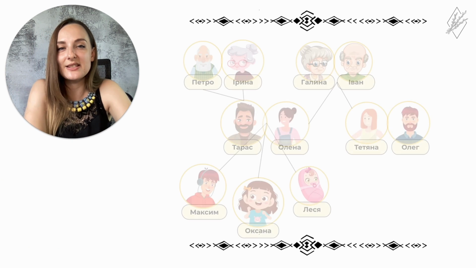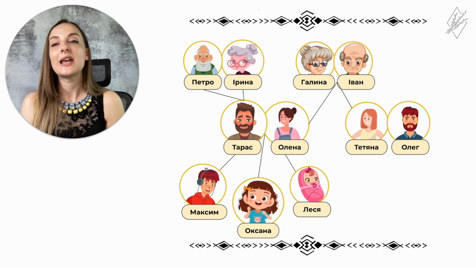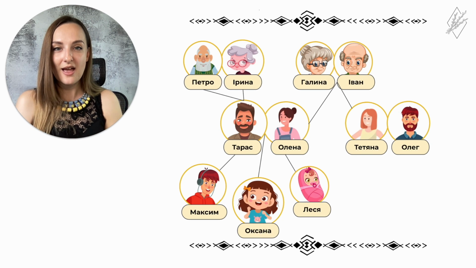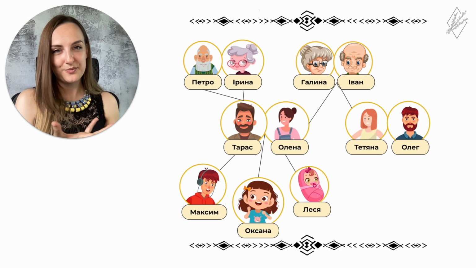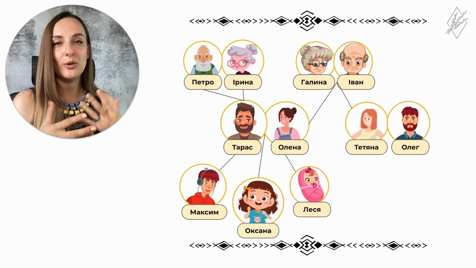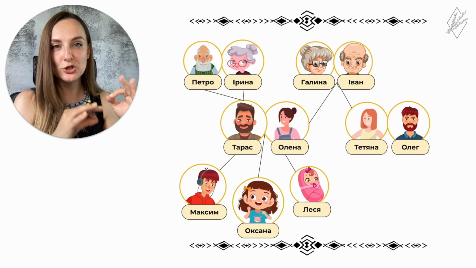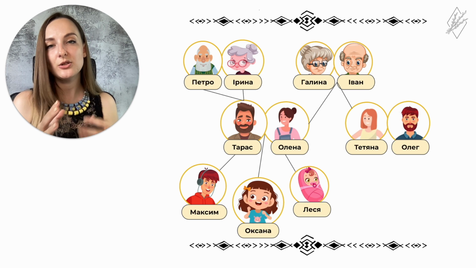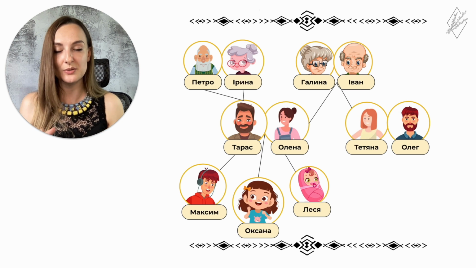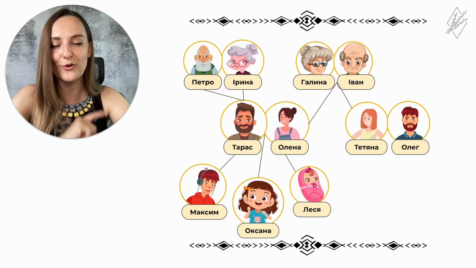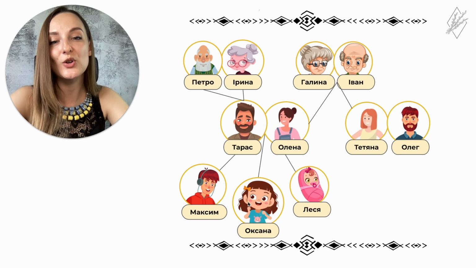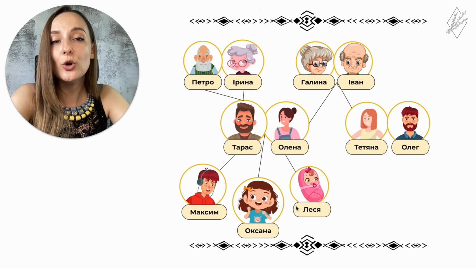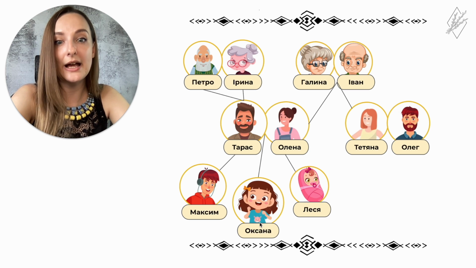Perfect. And now I want us to practice a little bit. Here we have the family tree, their names. I will tell you about their relations between each other, and you will need to answer my questions that I will ask you sometimes. So, follow me. Це Оксана. Хто Леся для Оксани?